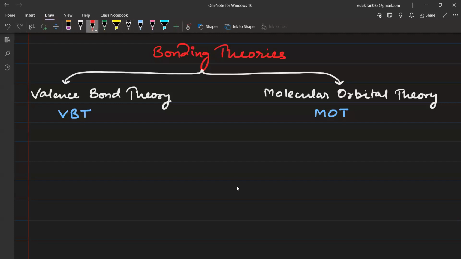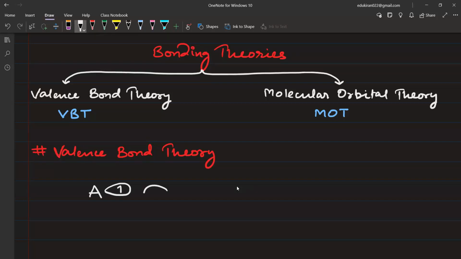So write the heading valence bond theory. Valence bond theory is very simple. It says that each and every atom has orbitals, and in these orbitals there are electrons.